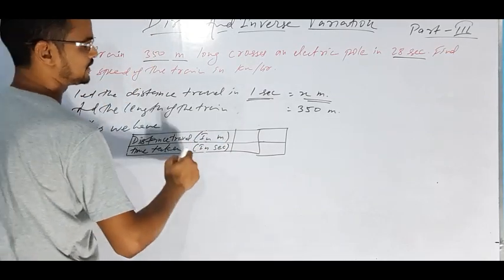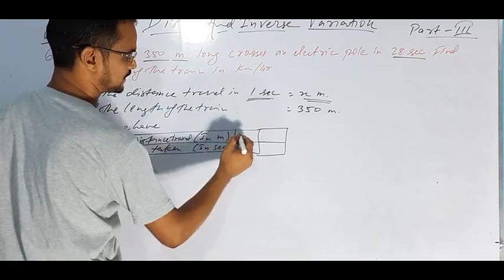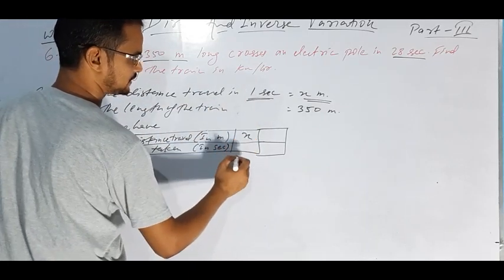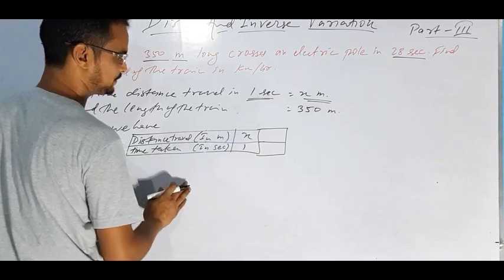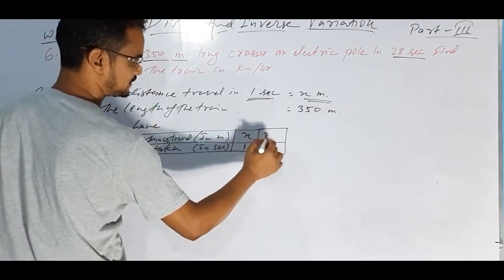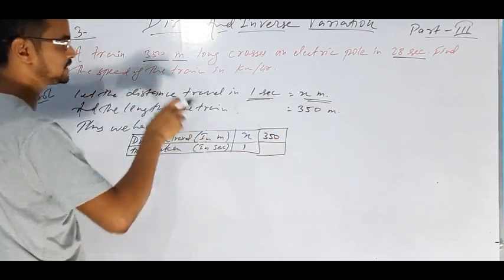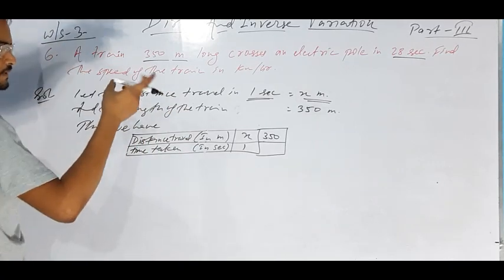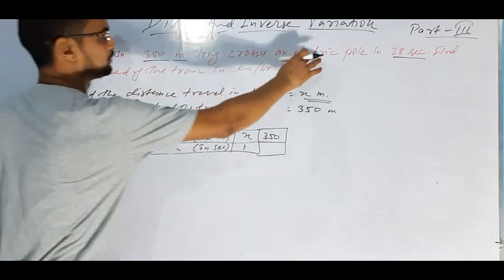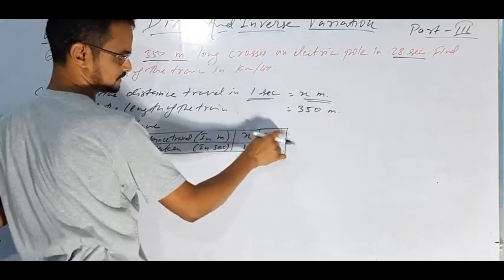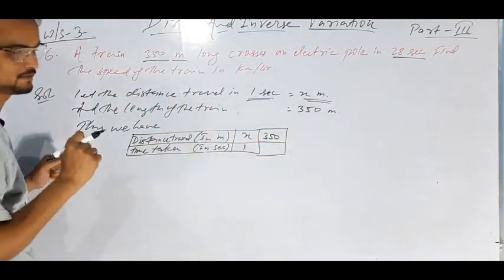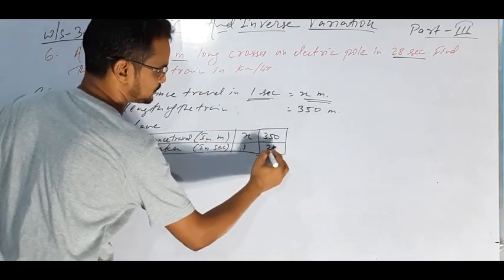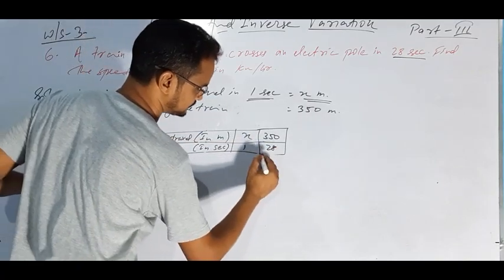What is the distance travel in the first second? We have taken x meter in 1 second. The train is 350 meter in length, running at some speed, passing an electric pole in 28 seconds. Then the length of this train is the distance travel, and the time is taken to pass the pole.